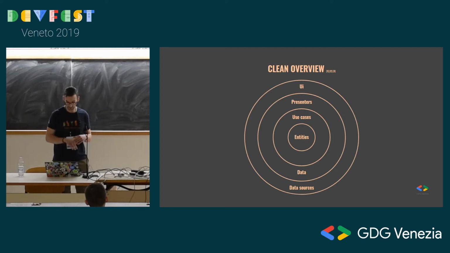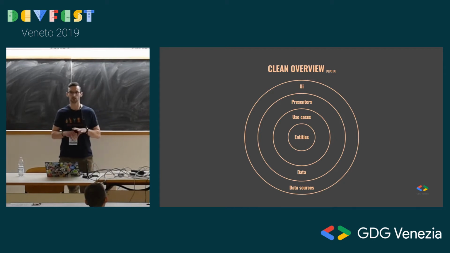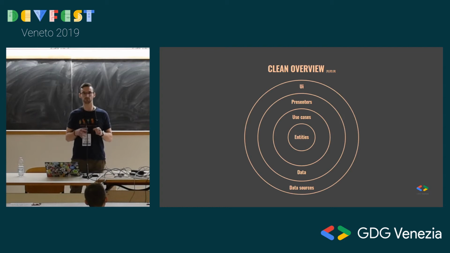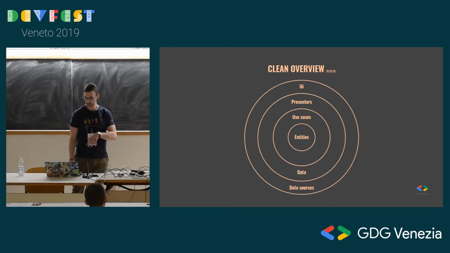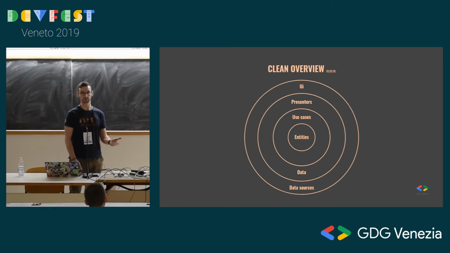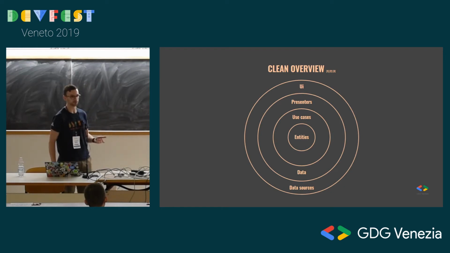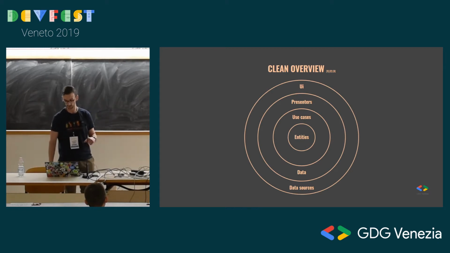If we move further down, we find data, which is a very shallow, thin layer responsible for defining the rules of how we interact with our data inside our app. And the outermost layer is data sources, which is the definition and concrete implementation of the different data sources that we can have in our project. In our case, it can be a database, or a network interactor, some component that goes out to the network and retrieves data.